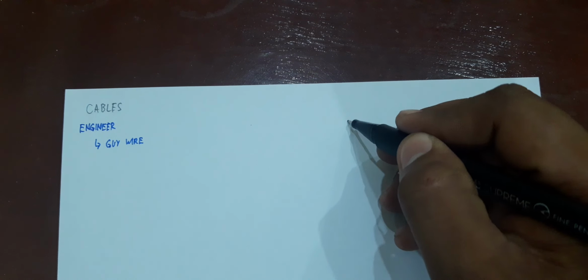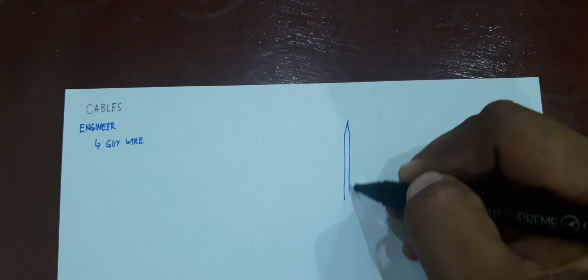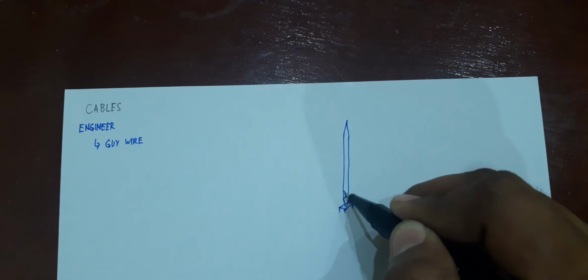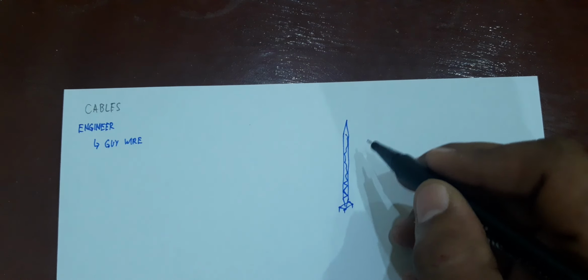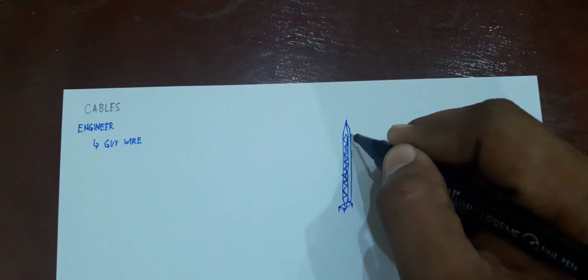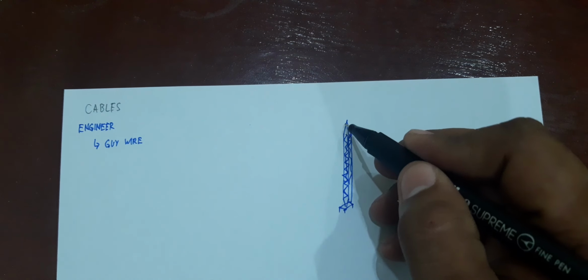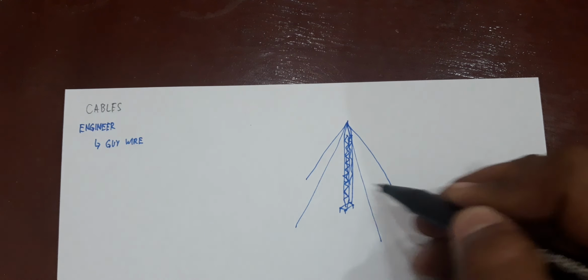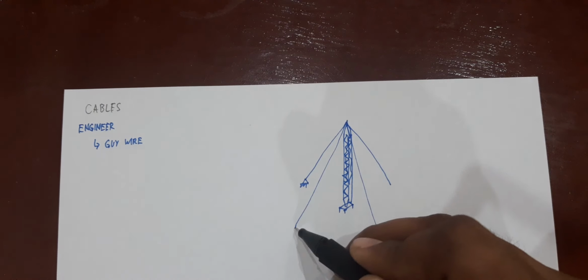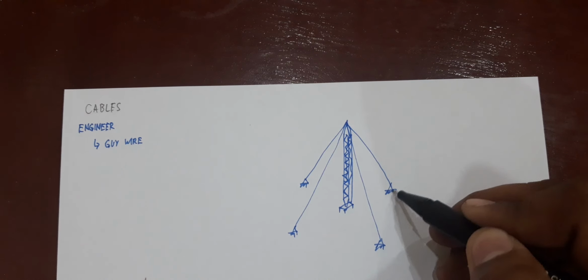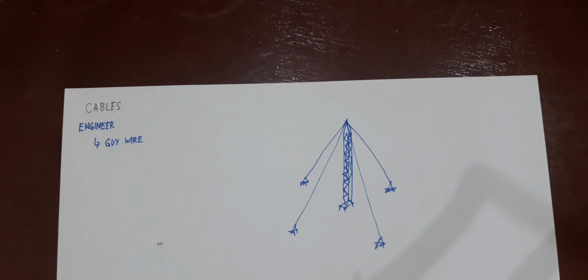If you can recall, if you have here a tower, then your base is basically a ball and socket support or a hinge or whatever. Your guy wires would be your supports which would help your tower be in a state of equilibrium, making your high tower stable. So that is one basic application.